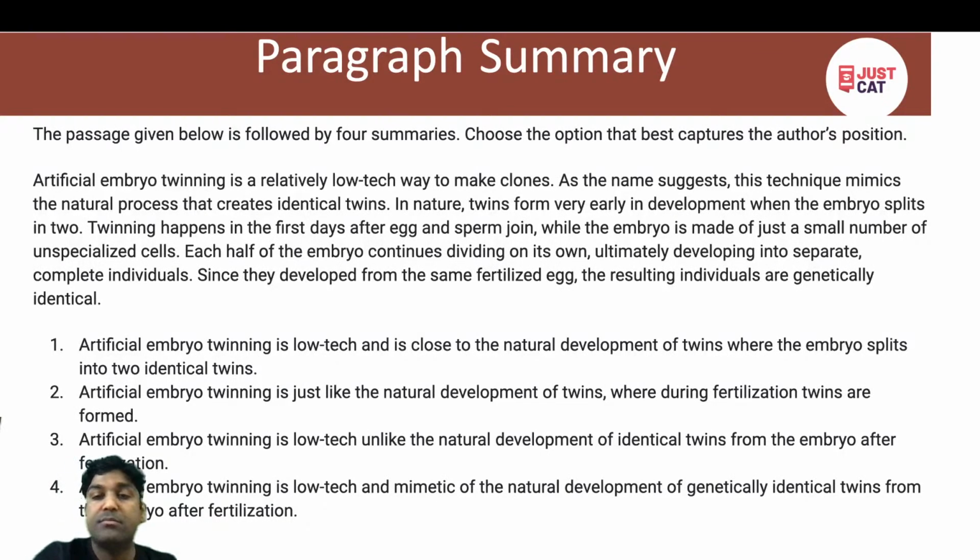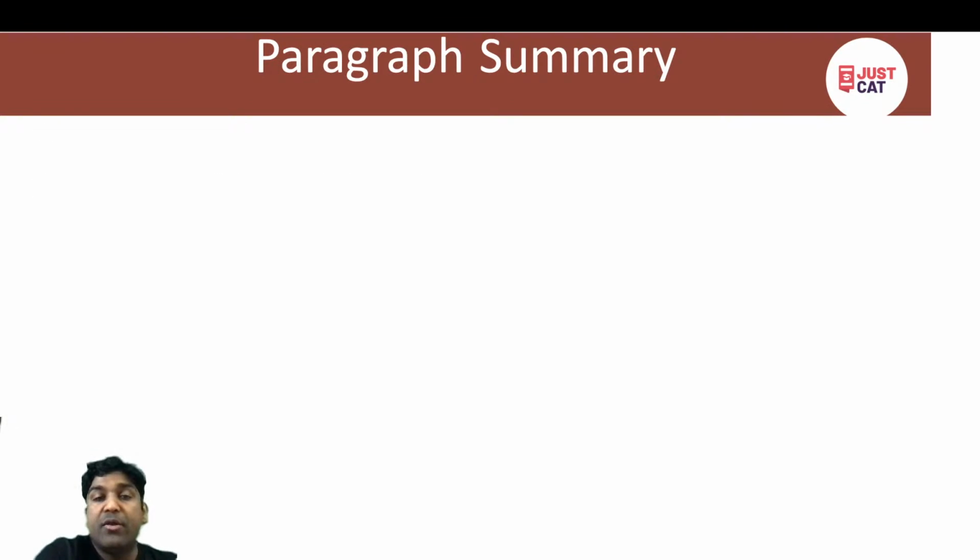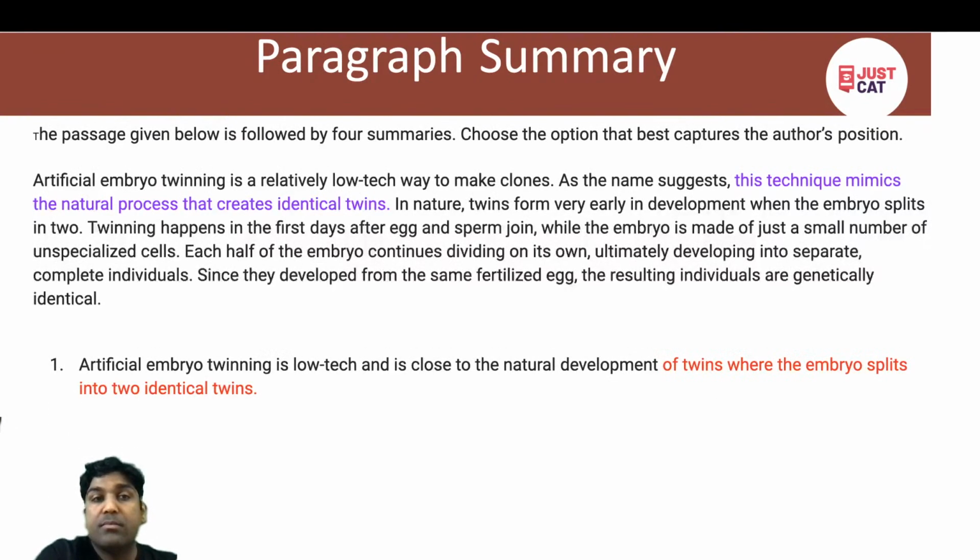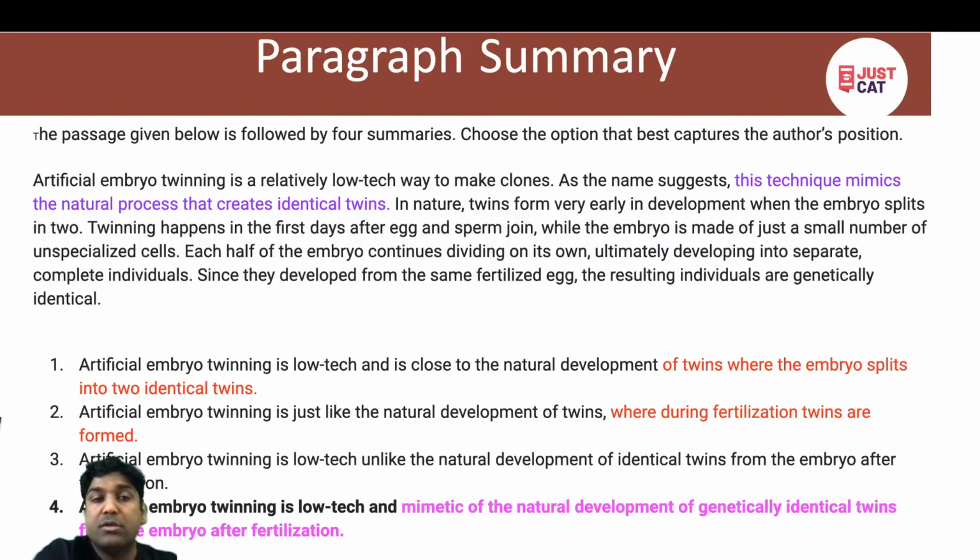Now let's look at the options here. Let me take you to the next slide. If you read here, artificial embryo twinning is a low-tech process close to the natural development of twins, where the embryo splits into two identical twins.